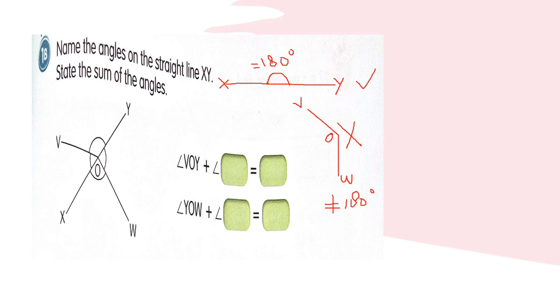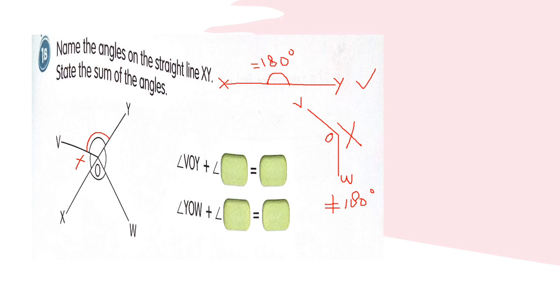So now look at these angles. VOY. VOY here. What angles is beside VOY? It should be these angles, right?